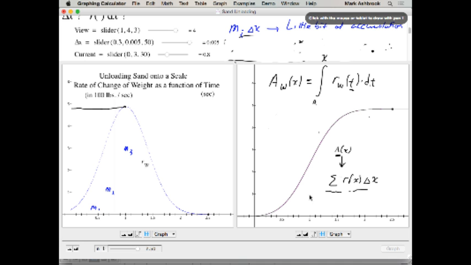Okay, so this is the approximate rate of change down here. So for both the approximate rate of change and the exact rate of change, what is our key underlying feature idea? Little bits of accumulation found by constant rate of change.